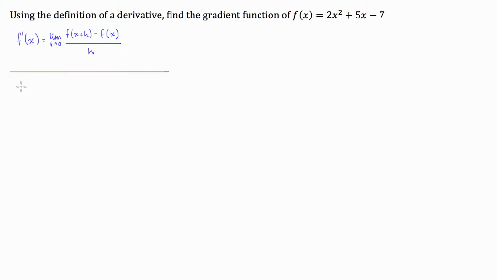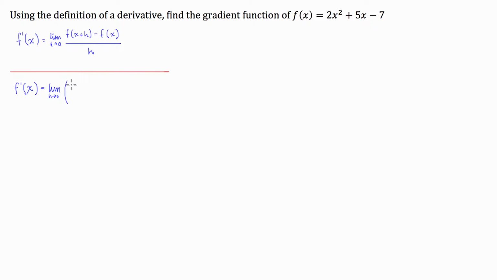what we're going to do is, the derivative of this function is going to be equal to the limit as h approaches 0. Now I'm going to put it in brackets, just makes it easier to see. So the function at x plus h is going to be, what we do is we just get the function and we replace the x's with x plus h.